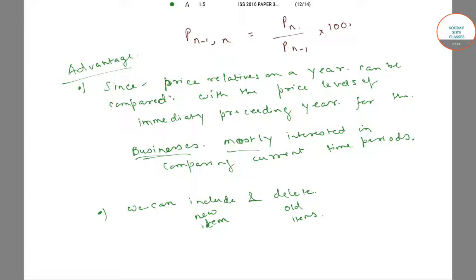This chain index number method helps in including and deleting items, which was not possible in the case of the fixed base method.